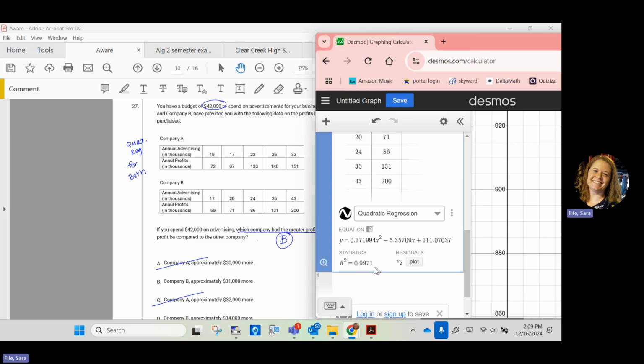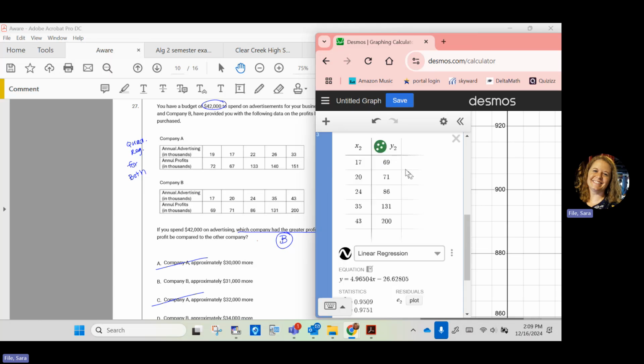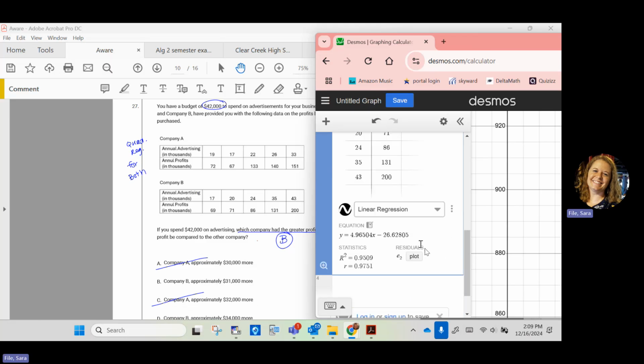So even though the linear is decent for this one, quadratic's even closer to 1. So on both of these, technically, when we use quadratic, we don't get those answer choices. So I think it was a mistake in the writing of the question. They used linear when they came up with the answer choices, which you shouldn't have used linear. You should have used quadratic.